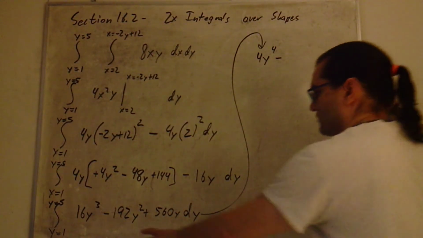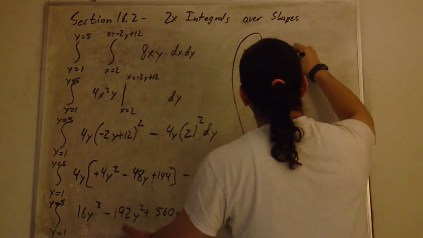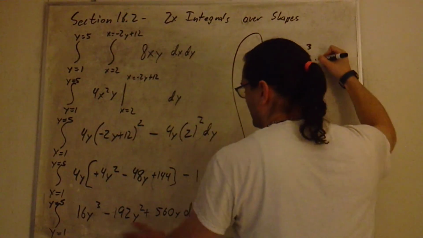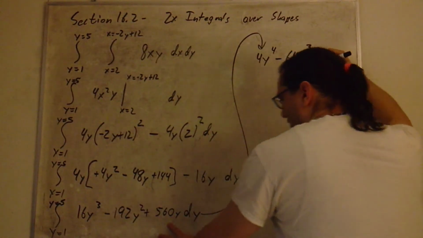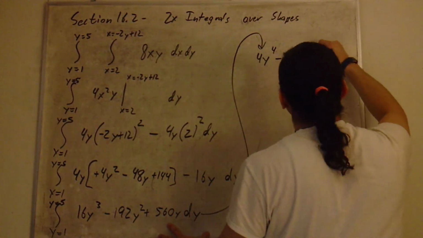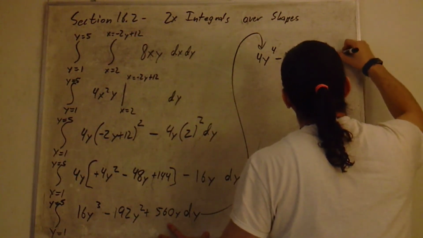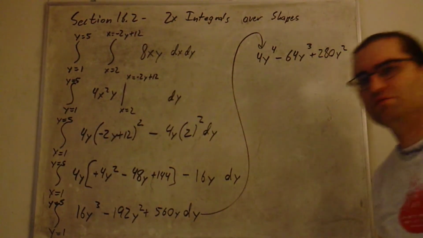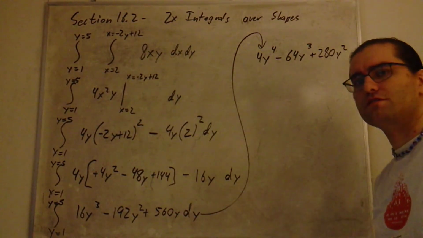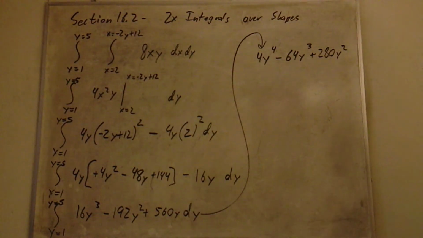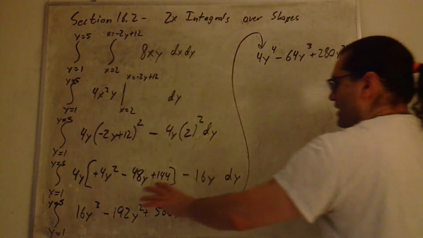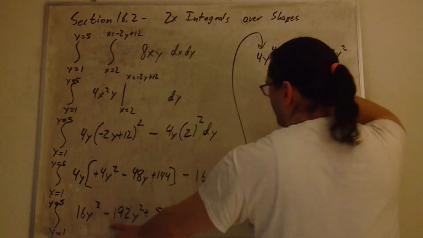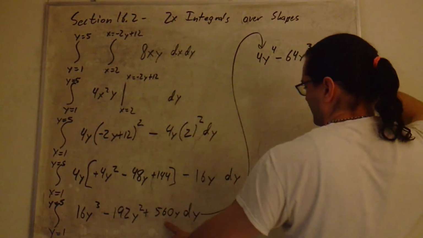Yeah, okay. So negative 64y cubed. Got to divide this one by 2, and I think that'll give me 280y squared. We got some ugly looking numbers here, but I'm just glad we don't have fractions. Tossing that 8 in front of this thing was a good call, I think. So this is my integral, 16 over 4, 192 over 3, 560 over 2.